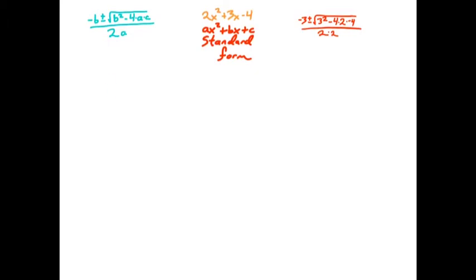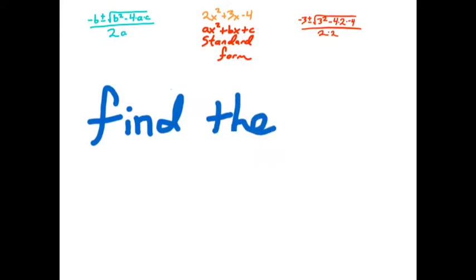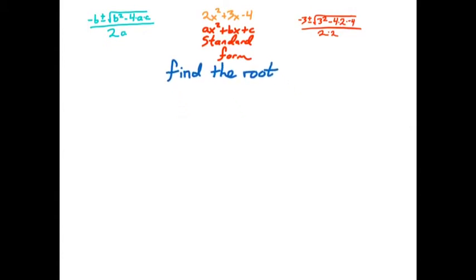The question is: find the roots. Look at that, it all moved together. So that was the actual question. Find the roots. There's actually a plural on that. There's going to be at least 2 because it's a quadratic. There's always 2.